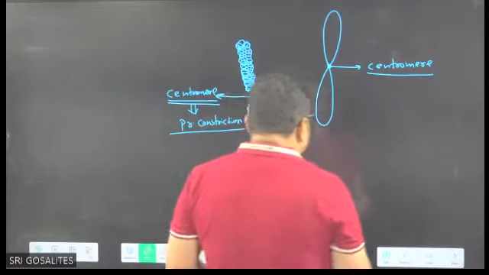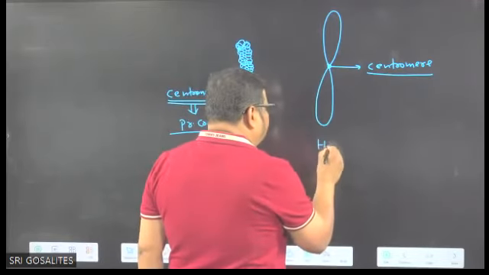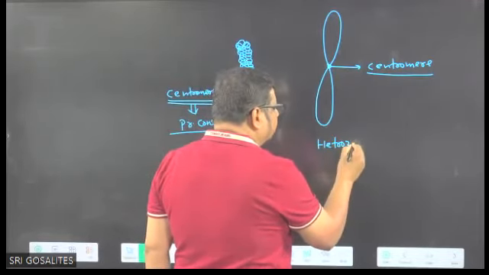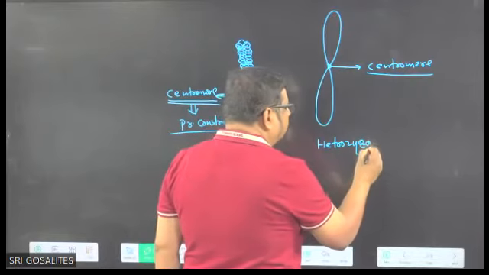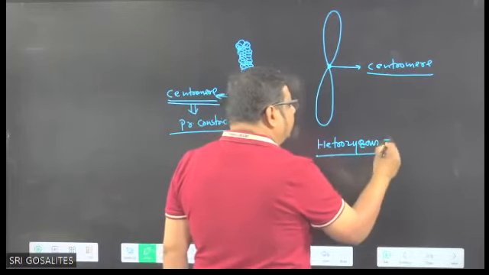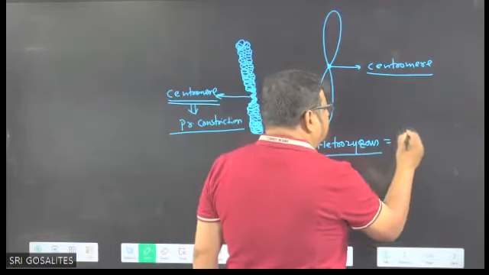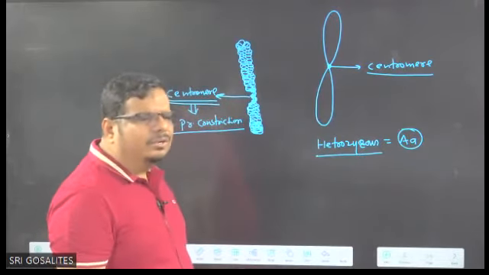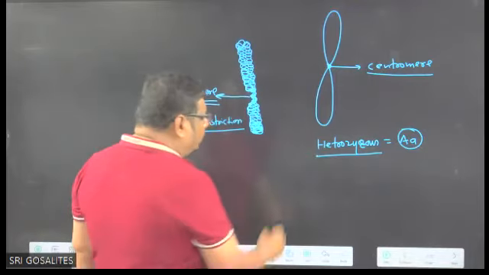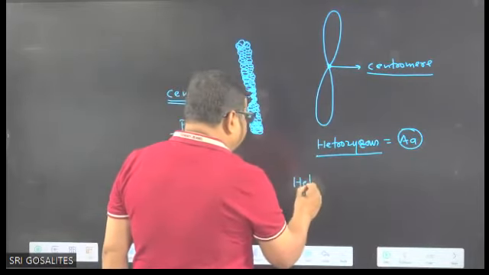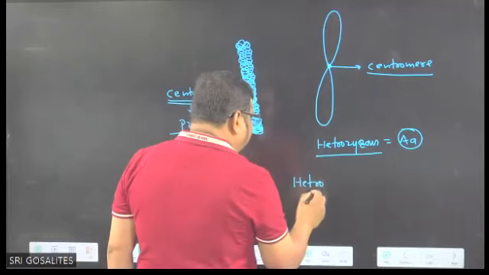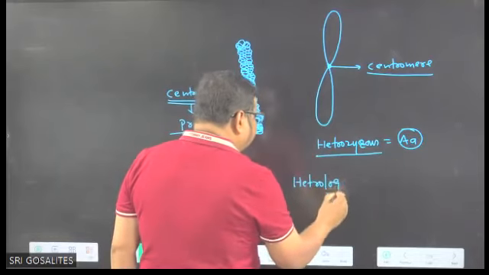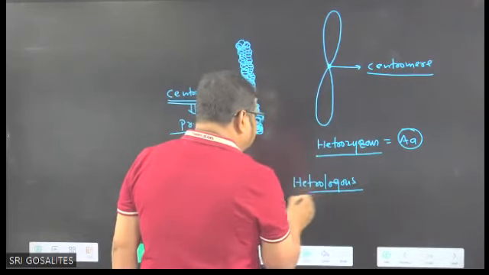One term is heterozygous. These are the terms, we can write capital A, small a. We are saying heterozygous and homozygous for gene or allele, and heterologous for chromosome. Don't confuse, don't make a khichdi. So what is heterologous?